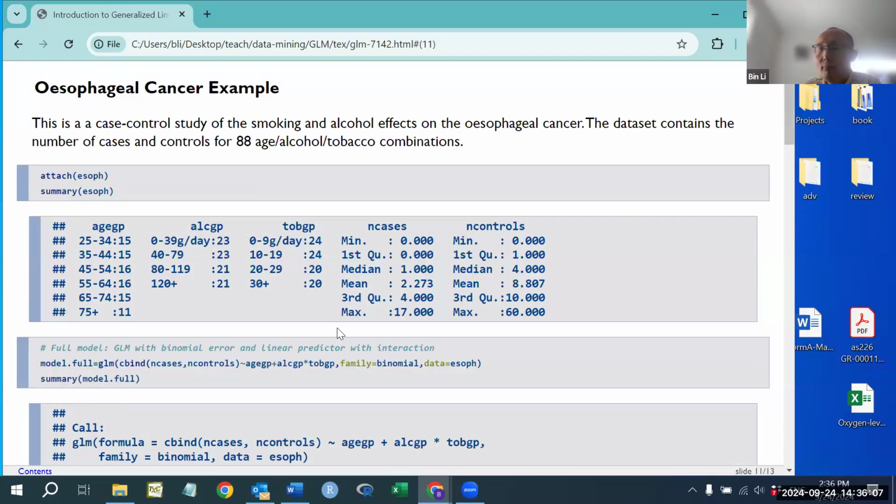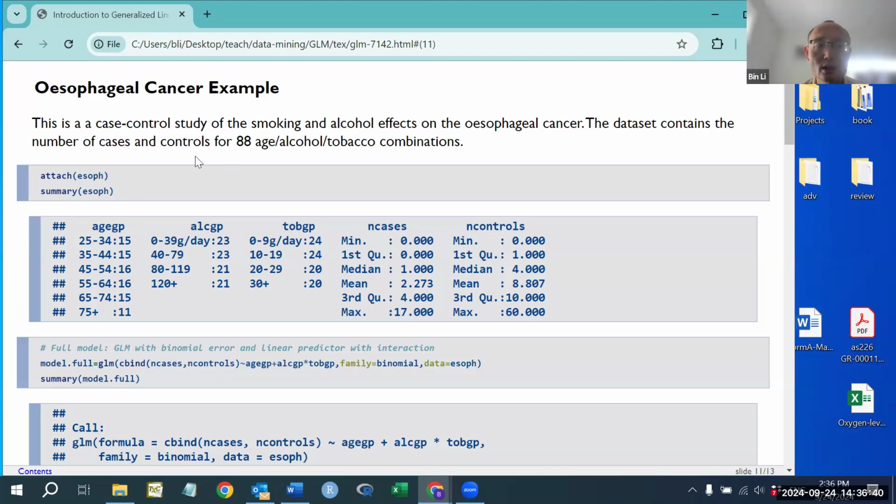Now let's see another example. The purpose of this example is to use the statistical inference that we just talked about and apply it to model selection examples. This is an esophageal cancer example.